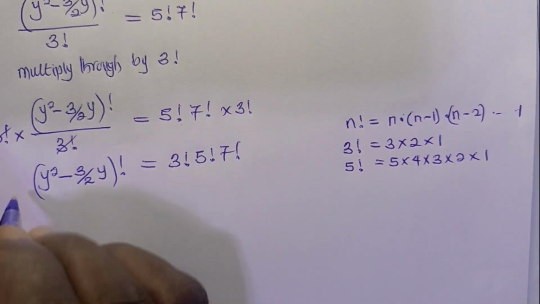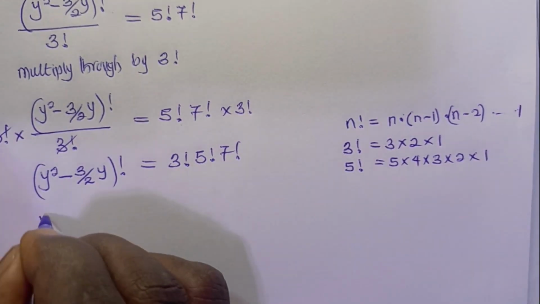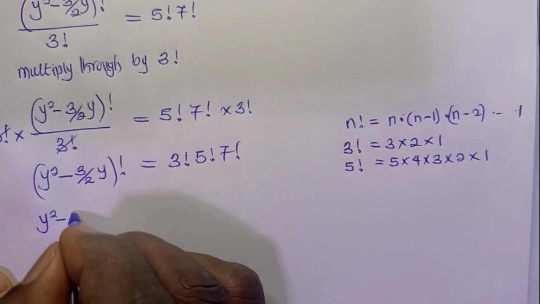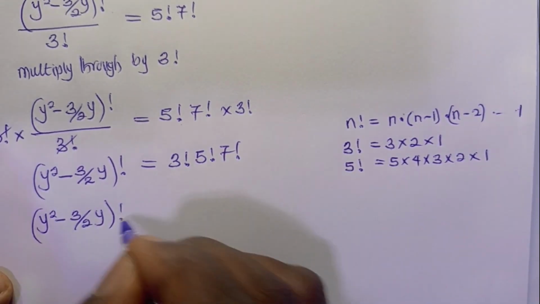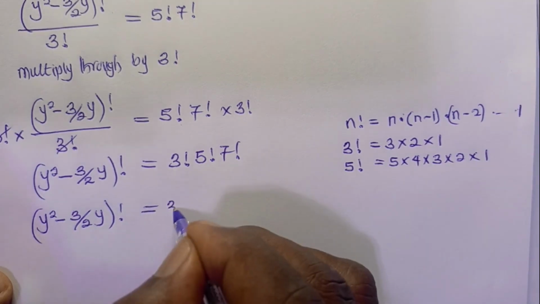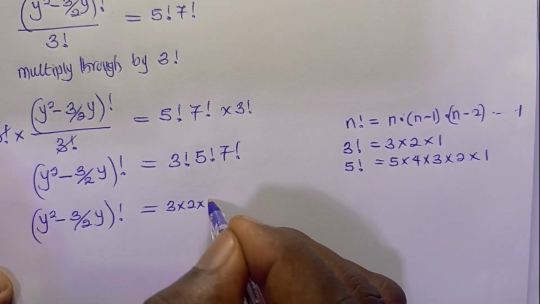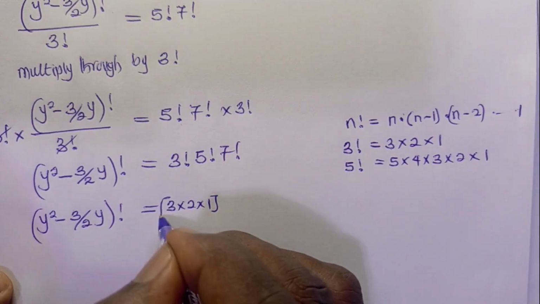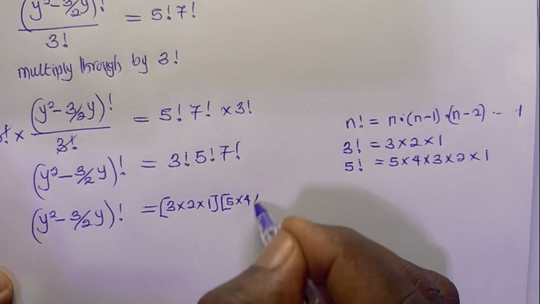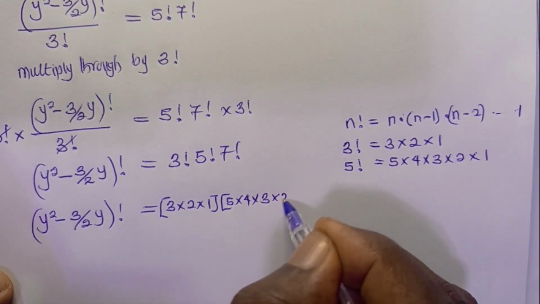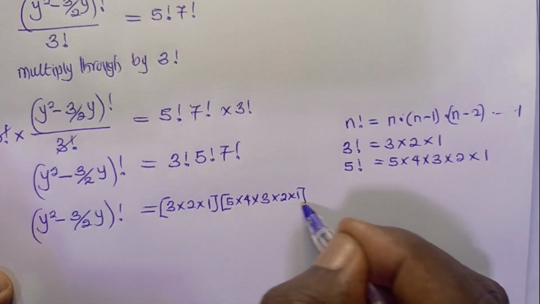So let's get back to the equation. We have (y² − 3/2 y)! equals 3 times 2 times 1, that is for the 3!. Then we also have 5 times 4 times 3 times 2 times 1, and that is for the 5!.